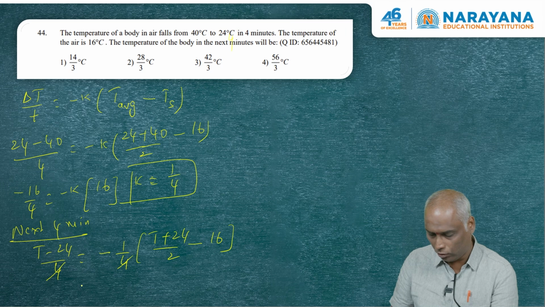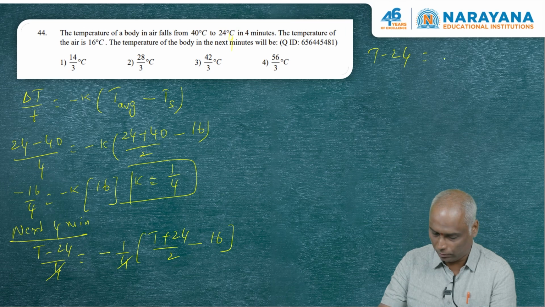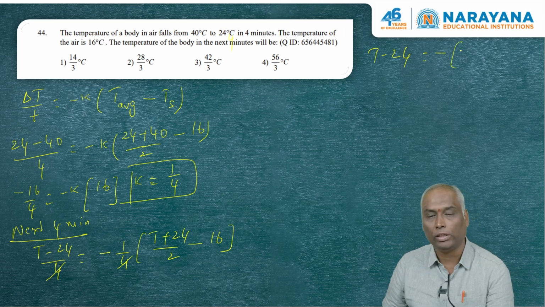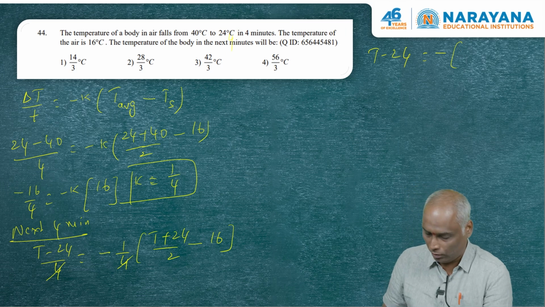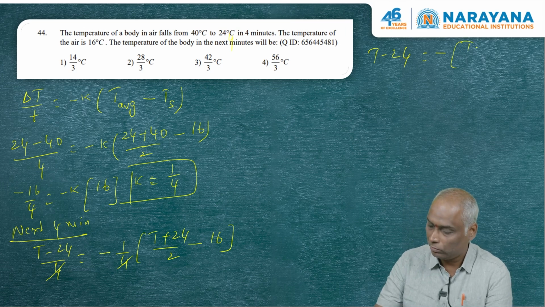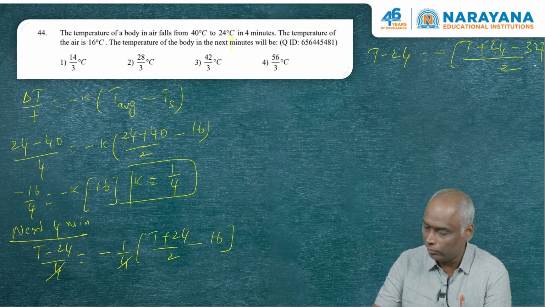Here this 4 and 4 will get cancelled. So we get T minus 24 equals minus of (T plus 24 minus 32) divided by 2.